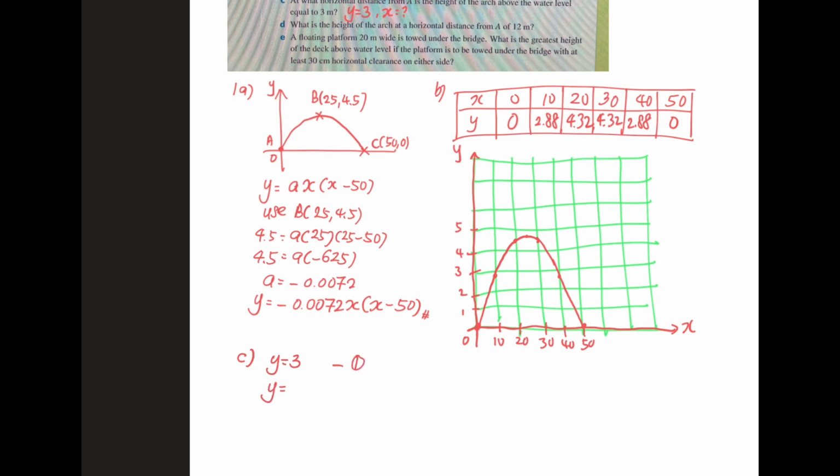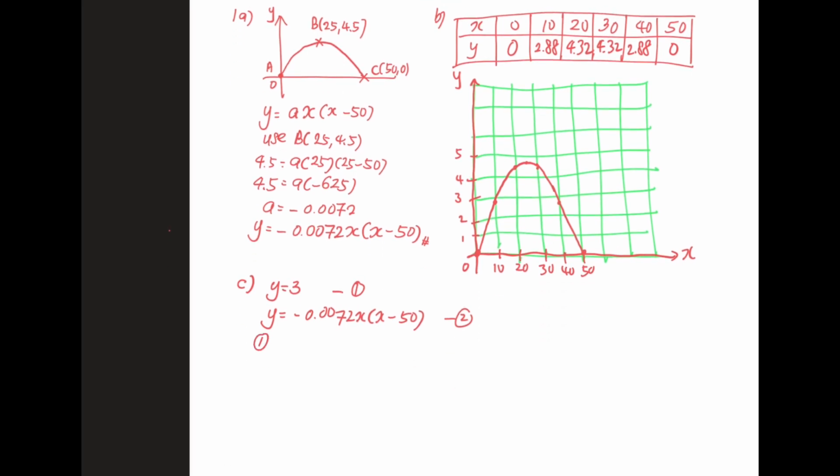So y equal to 3, that is equation 1, and the other equation is this equation, of course. So I'm going to substitute inside. I do equation 1 equal to equation 2, then I get 3 equal to this.